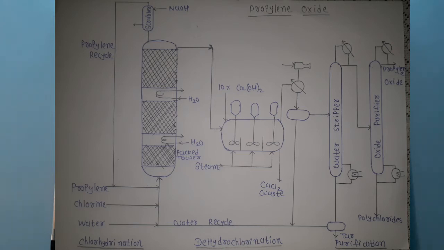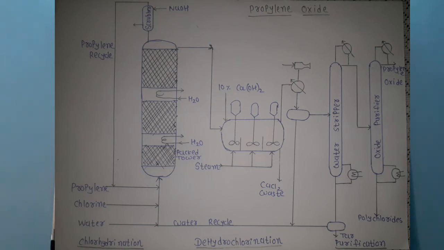The unreacted propylene is treated with caustic in the upper portion and then recycled, at which HCl is removed.